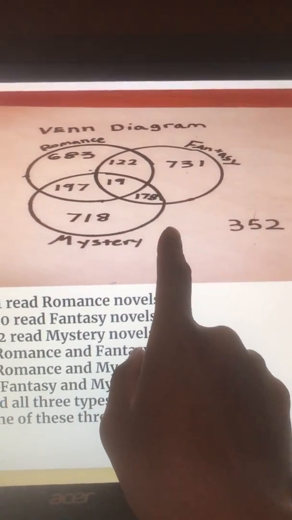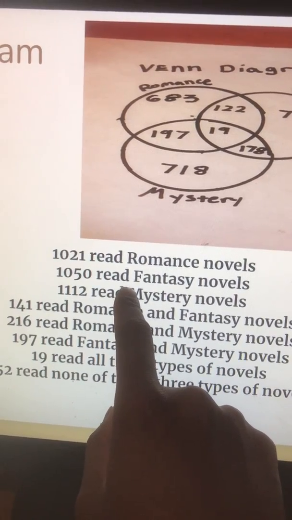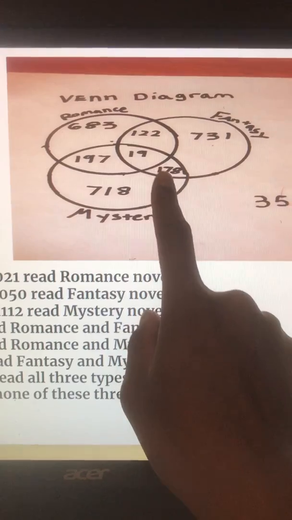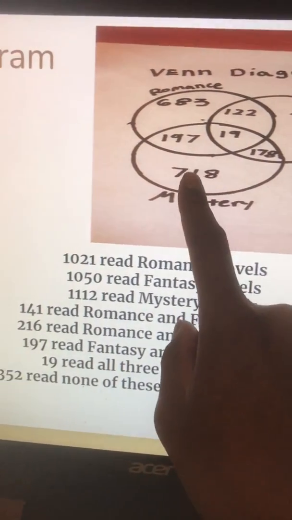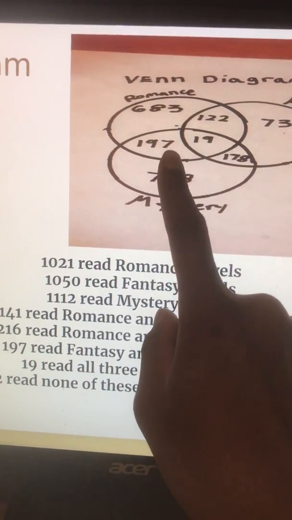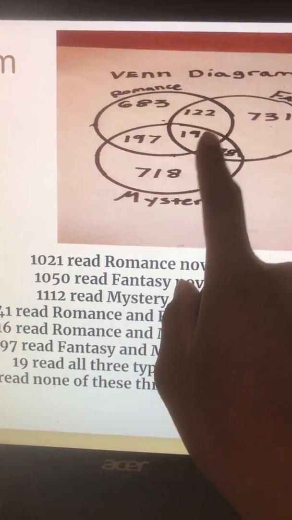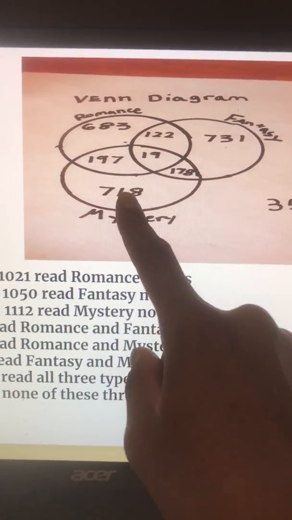Same thing with the fantasy novels. The people that read fantasy novels were 1,050, and I subtracted 122, 19, and 178 from 1,050 and got 731. And for the romance novels, the people that read romance novels was 1,021, and I subtracted 122, 19, and 197, and that's how I filled out the whole Venn diagram.